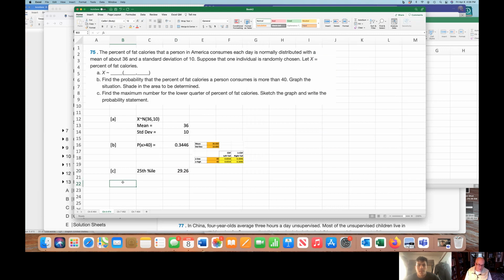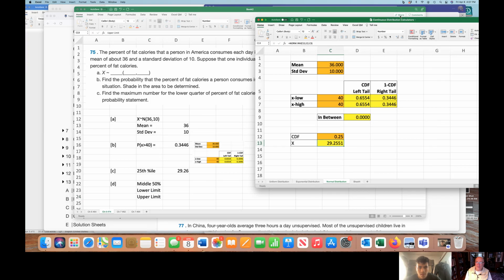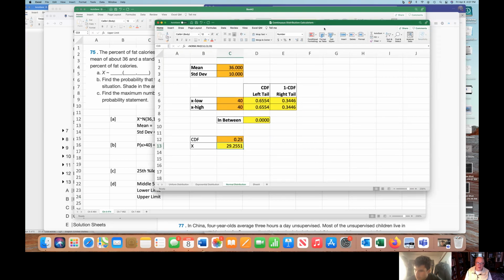Let's do this. D. Middle 50 percentile, which is like in the problem that you asked about. So here we want to calculate a lower limit, and we want to calculate an upper limit, right? So if I go here, well, I already got the lower limit. What if I put 29.2551 in there?